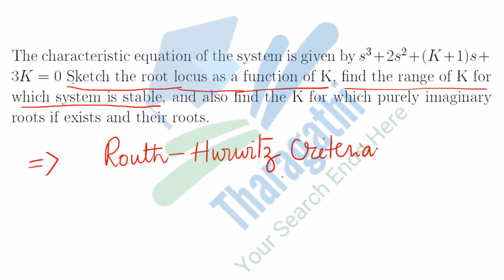The range of k for which all the elements of the first column are positive is the range for which the system is stable.